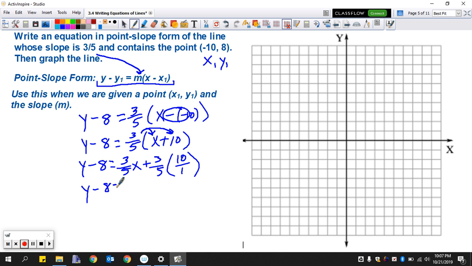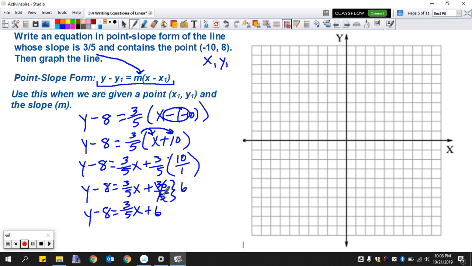Y minus 8 is equal to 3/5 x plus, if we multiply straight across, 3 times 10 is 30, 5 times 1 is 5. And we know that 30 divided by 5 simplifies down to a 6. So we end up with y minus 8 is equal to 3/5 x plus 6.